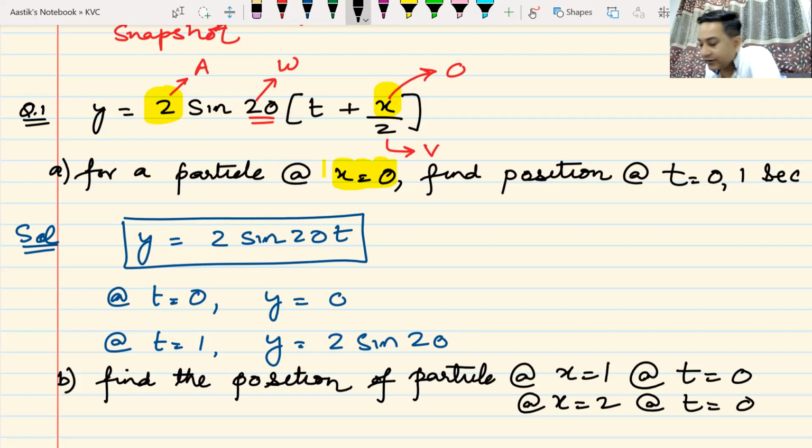So what I have done here is I have kept the time same and I'm asking you the position of two particles. Can you do that for me? Okay, I'll give you time to do it.